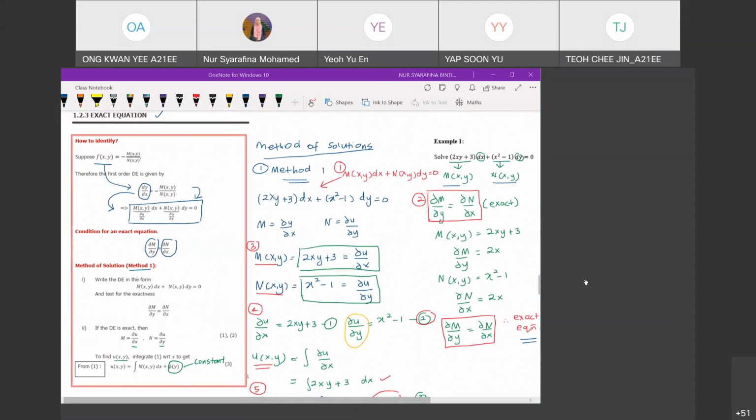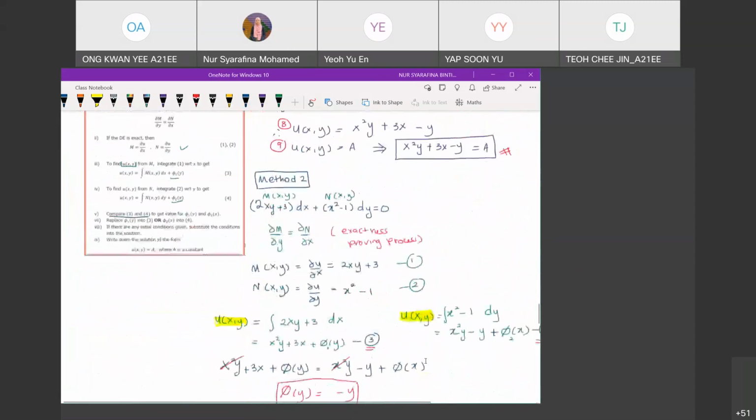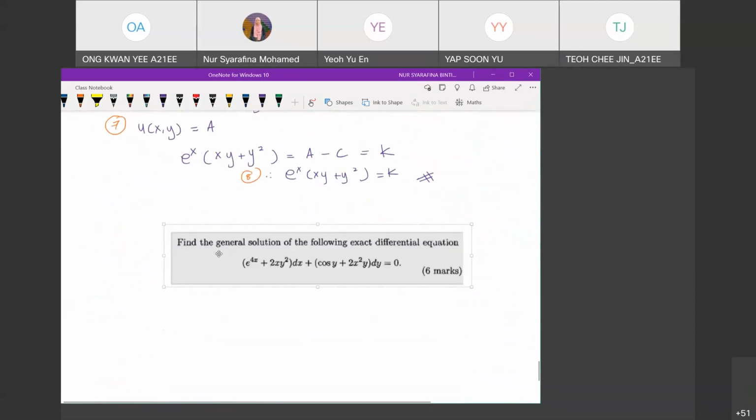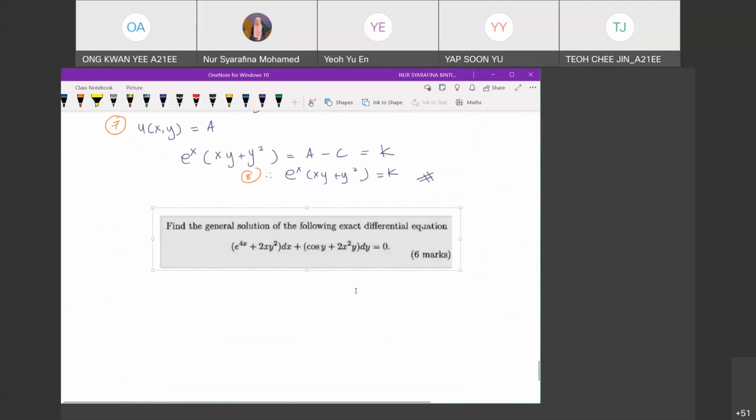Look at the past year question, the first question: find the general solution of the following exact equation. You have your notes together with you, right? Take note on this one first, where the answer is.